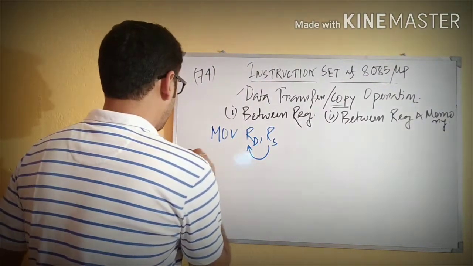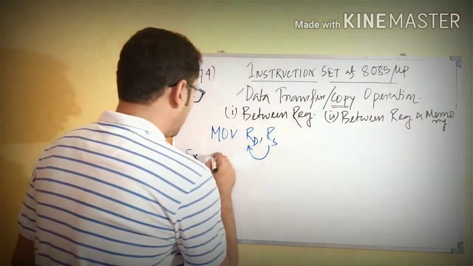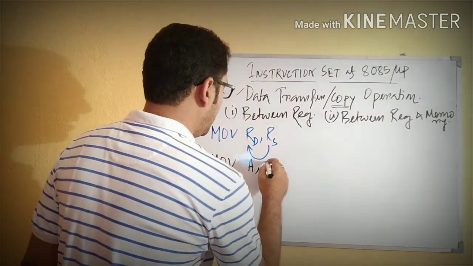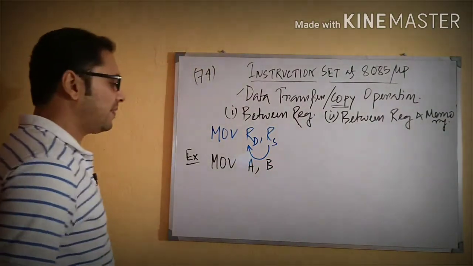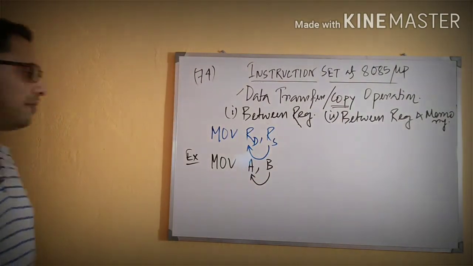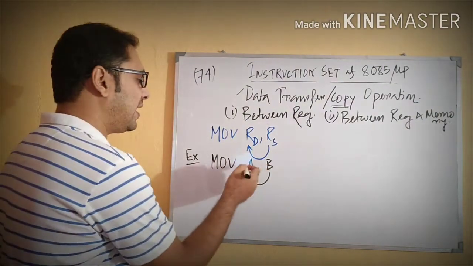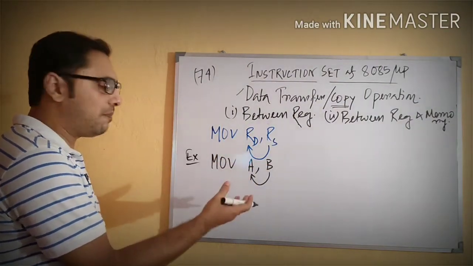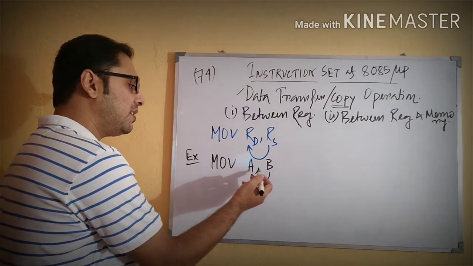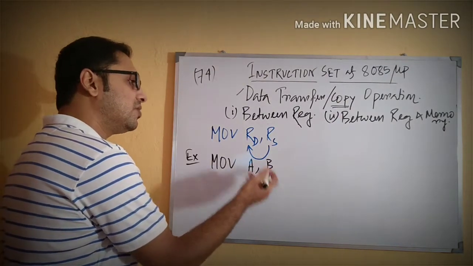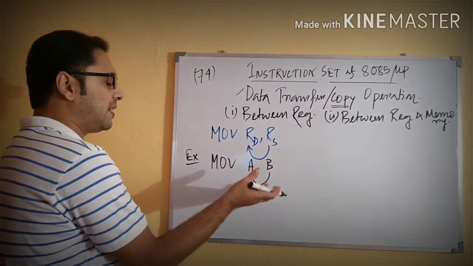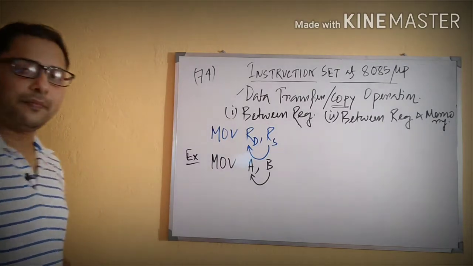So take an example of this. Anything. Suppose MOV RD, maybe accumulator, RS can be anyone, B, C, D, E, H, L. So that means the content of B register will be copied into A. And remember, after this operation, B and A both get the same value, because the content of B has been copied into A. So the value that was available within B is still available within B right now, but another copy or a replica of that particular value is available within accumulator.